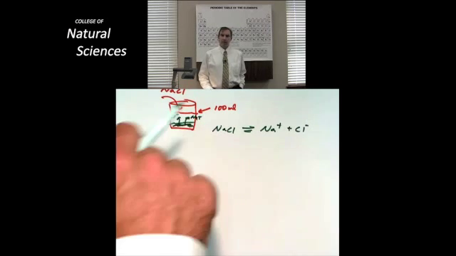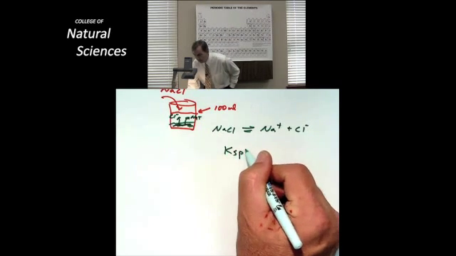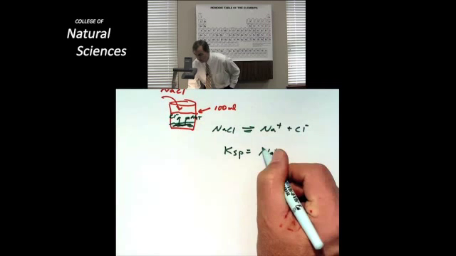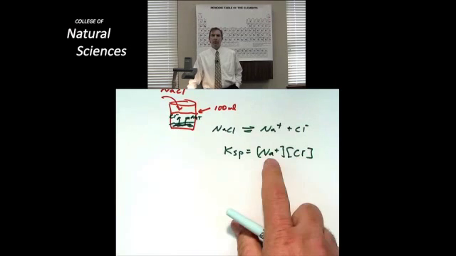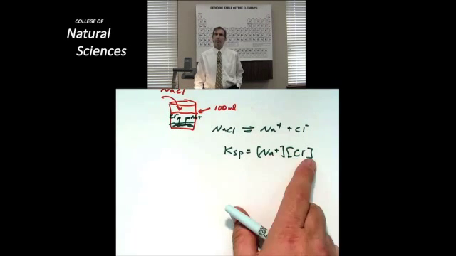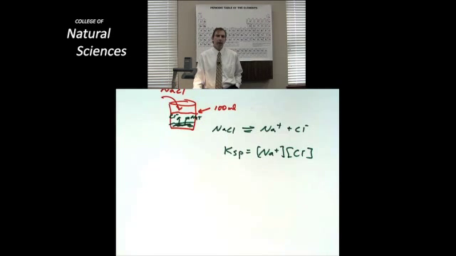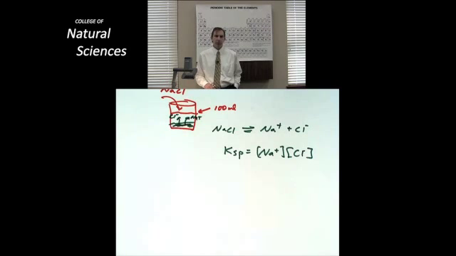Well, what is that number? KSP is equal to sodium ion times chloride ion, so if I can figure out what these saturated solution amounts are, I can multiply them together, and that tells me my KSP. Is it possible to find out what that saturated salt solution is? Sure.